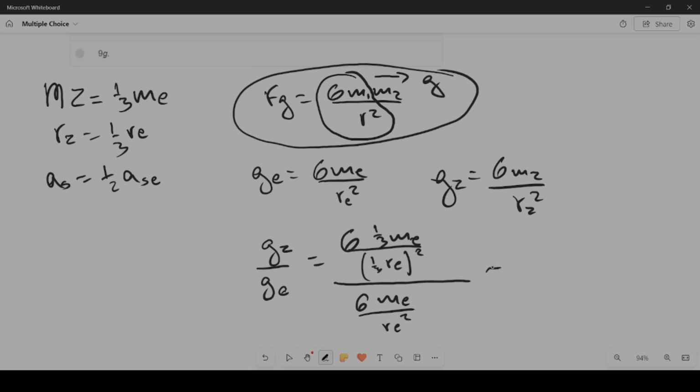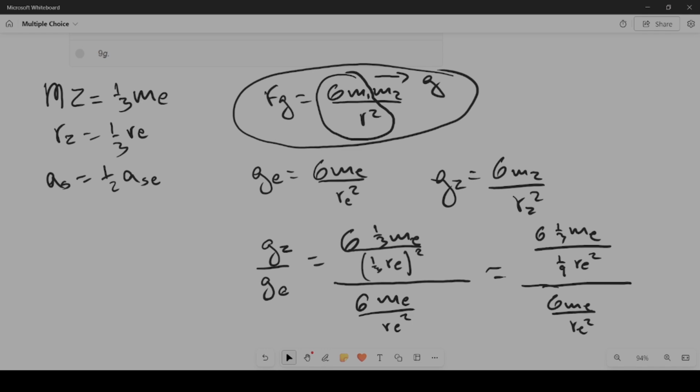Okay, so we can develop this and square all this. So this is going to be 1/3 me over this squared is 1/9 re squared over just G me over radius e squared.